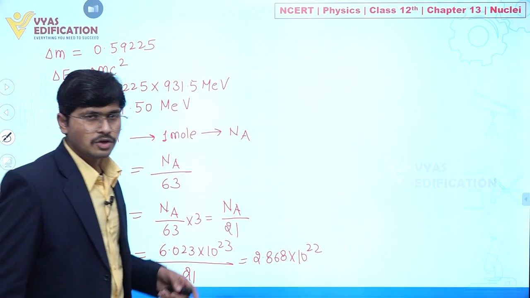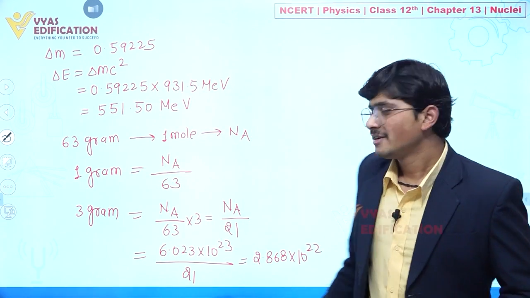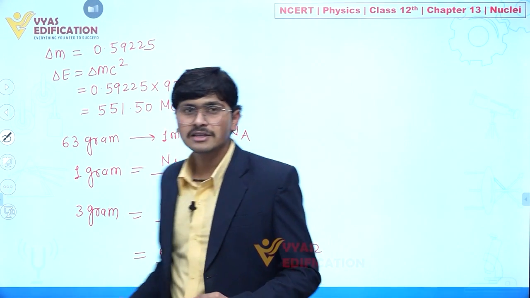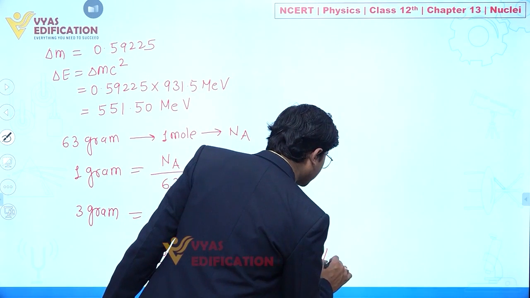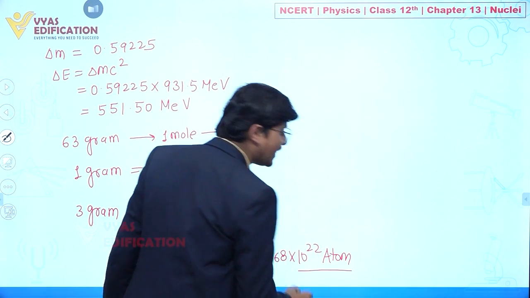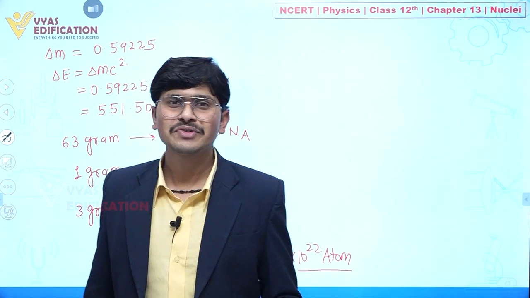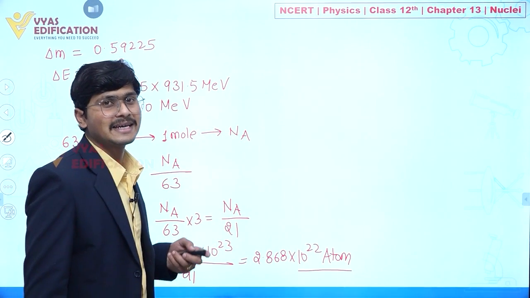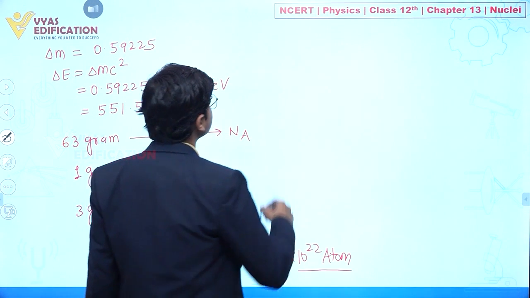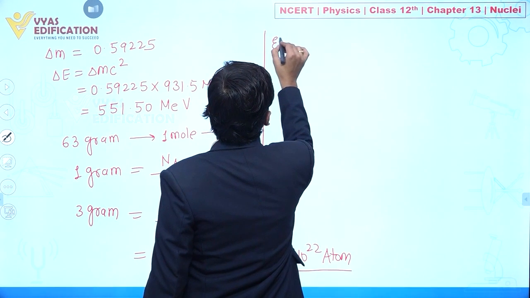Yes or no? So now, assuming this much amount of atoms is present in 3 gram of coin, and each atom contains 1 nucleus, can we find the total binding energy? Yes.